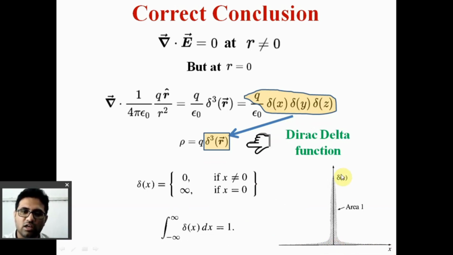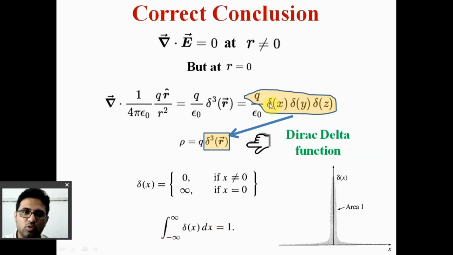There the charge density is very high, but the charge density is very low as you go further away from the center. That's why we say delta x is 0 when x is not equal to 0, and delta x is infinite when x is 0. If we integrate from minus infinity to infinity, we get 1, which is the area of this distribution. So we can call the Dirac delta function a distribution function.